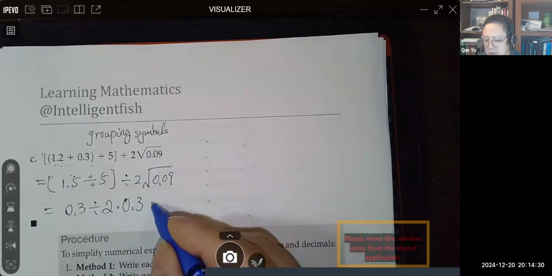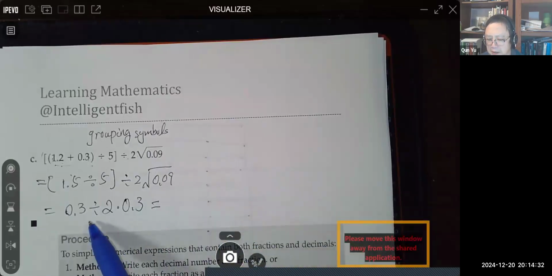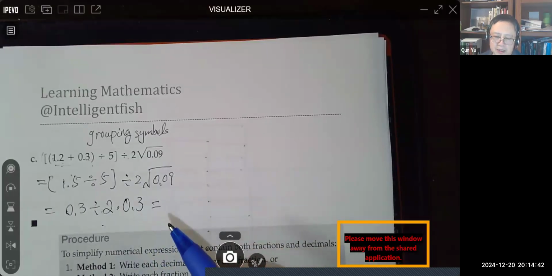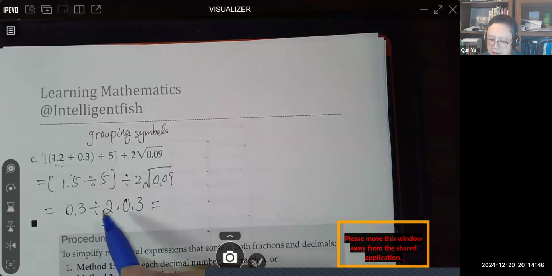Now pay attention to this part. Between multiplication and division, there's no priority of one over the other. In other words, you need to do the operations first come, first served, from left to right.